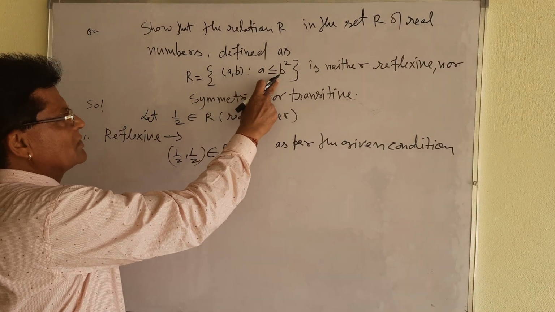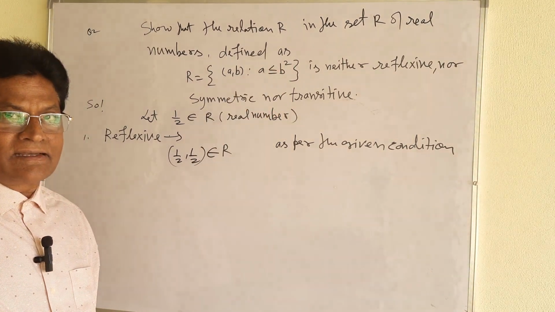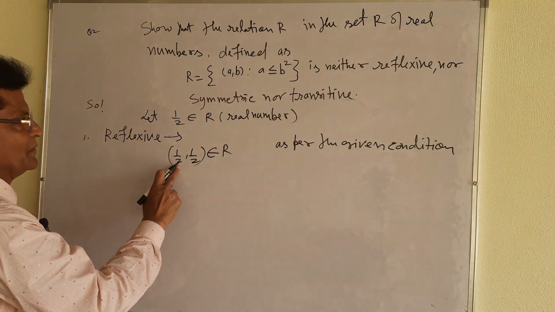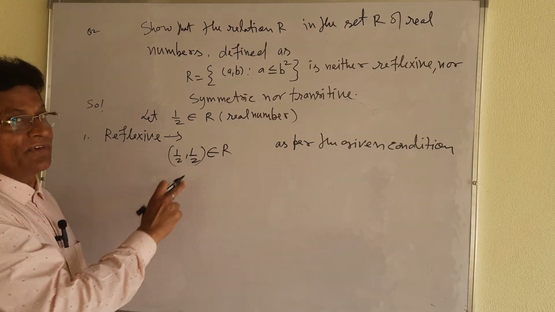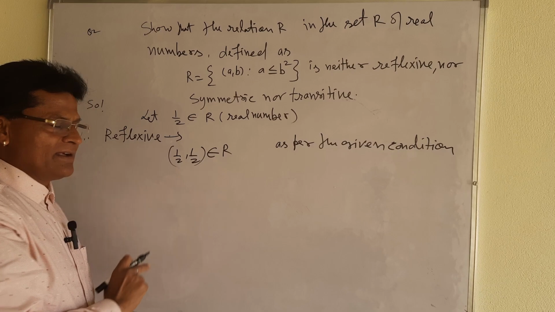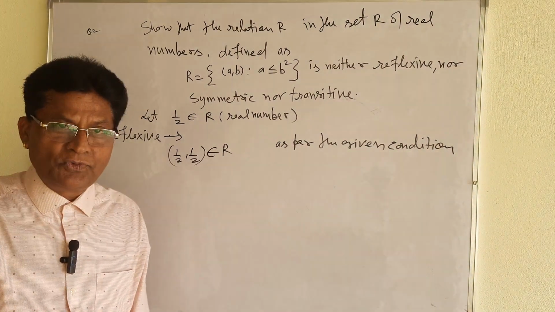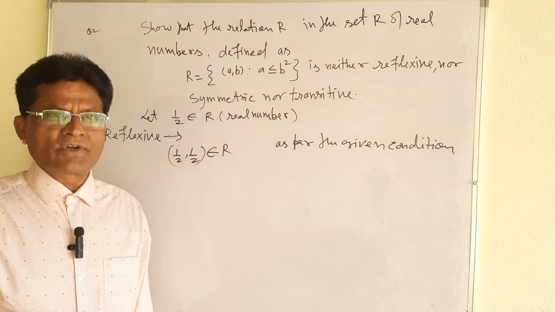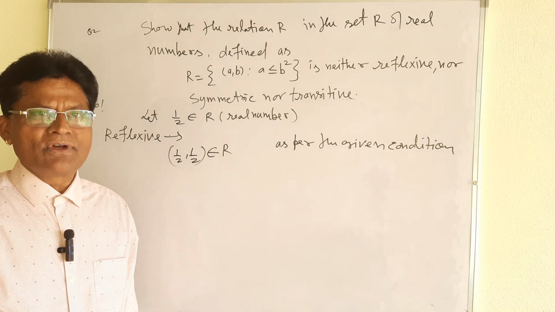A is less than or equal to B square. What is A here? 1 by 2. And what is B? 1 by 2, but its square. Its square will be 1 by 4.